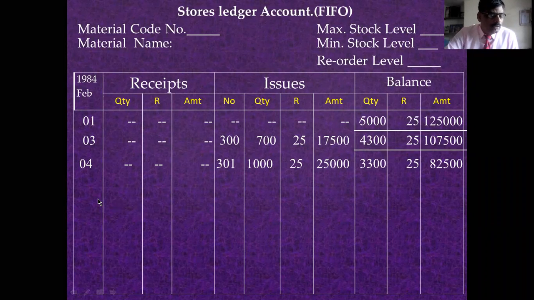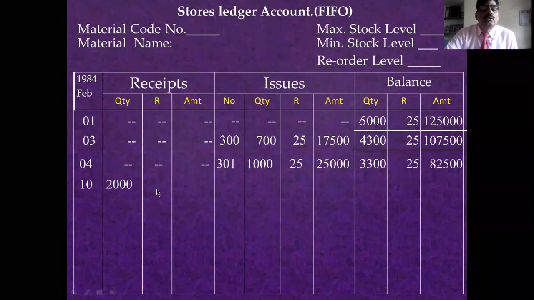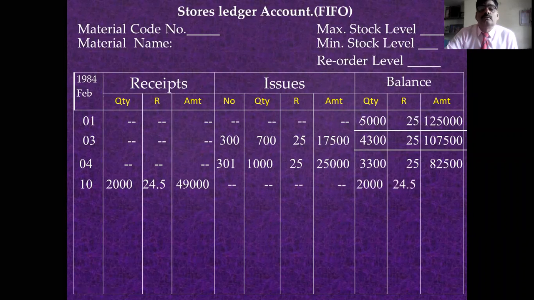After the 4th, 10th is the receipt. So you record in the receive column. 2,000 units received at the rate of 24.50, amount is 49,000. Then take to the balance column.